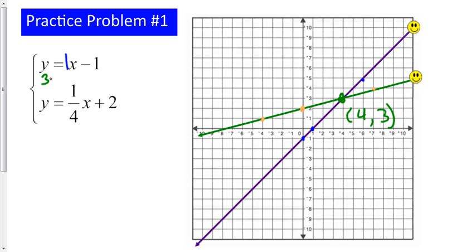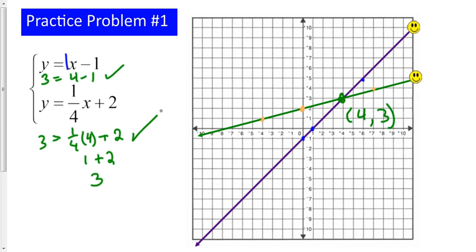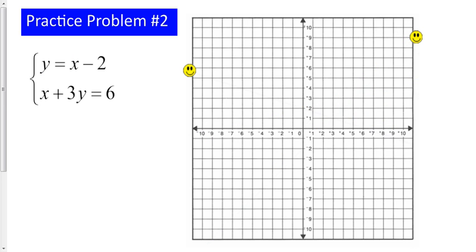If I substitute 3 for y and 4 for x, that's a true statement. And here, 1/4 of 4 is 1, and 1 plus 2 is 3. So this is also a true statement. So that point (4, 3) is a solution to both equations, and so it's a solution to our system.